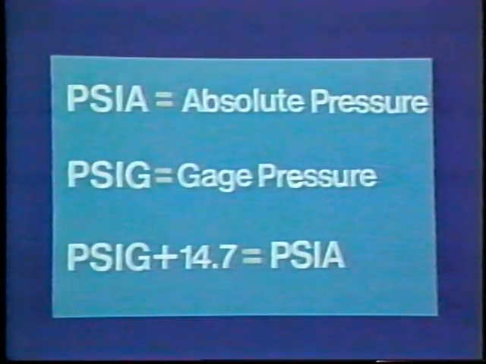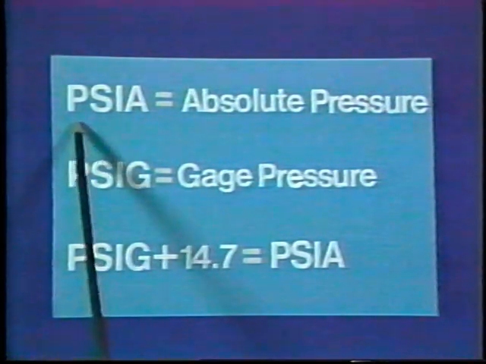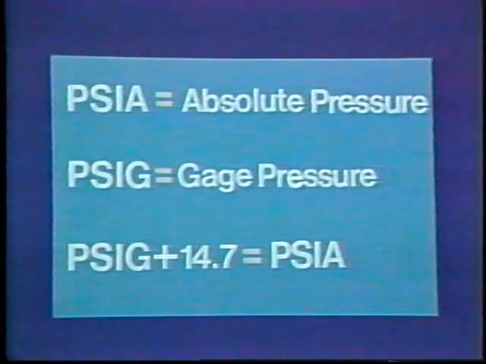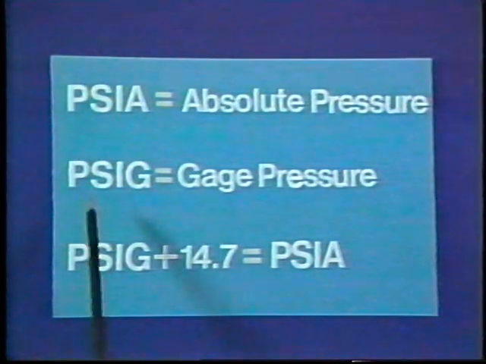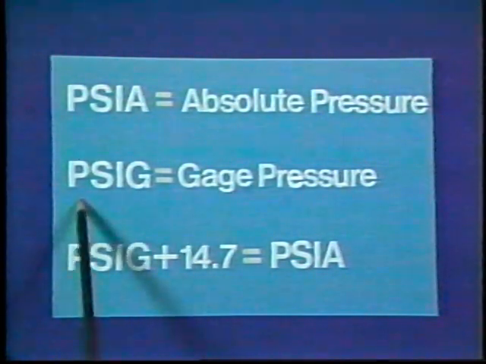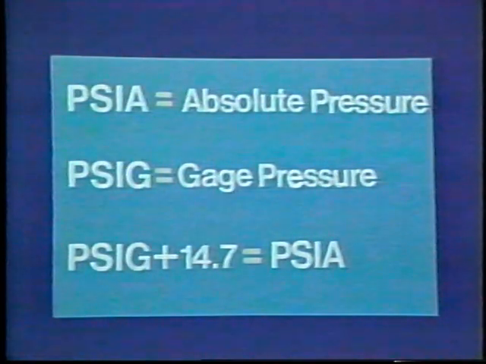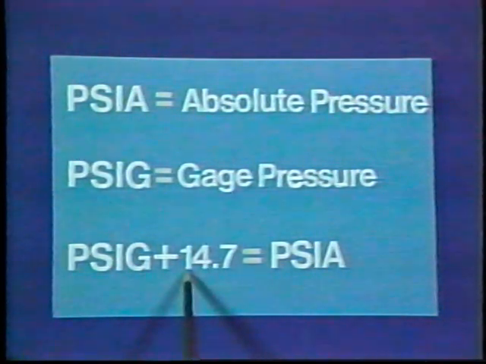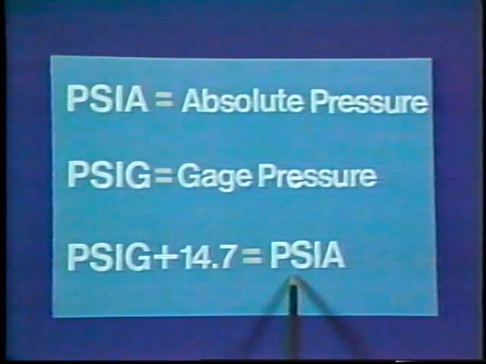Now let's talk a minute about measuring pressure. There are two scales for doing this. First, we have the absolute pressure scale, which is labeled PSI-A. Then there is the gauge scale, which is labeled PSI-G. Gauge pressure plus 14.7 equals absolute pressure, and we'll explain that more in a moment.